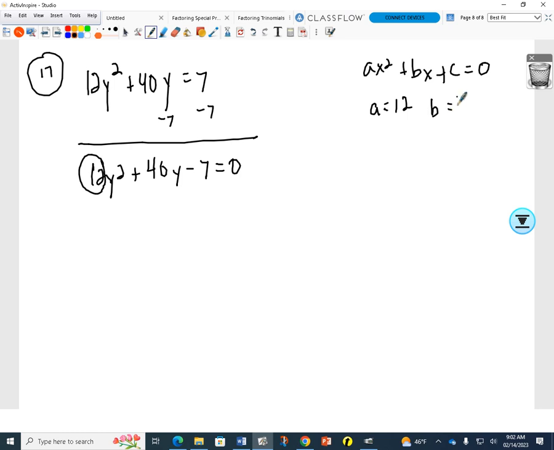We don't actually need the b on these, but we do need the a and the c. Because a is not 1, we have to factor by grouping. So the strategy is factor by grouping, and before we can do that, we have to split it into 4 terms. So we're going to split the middle term.